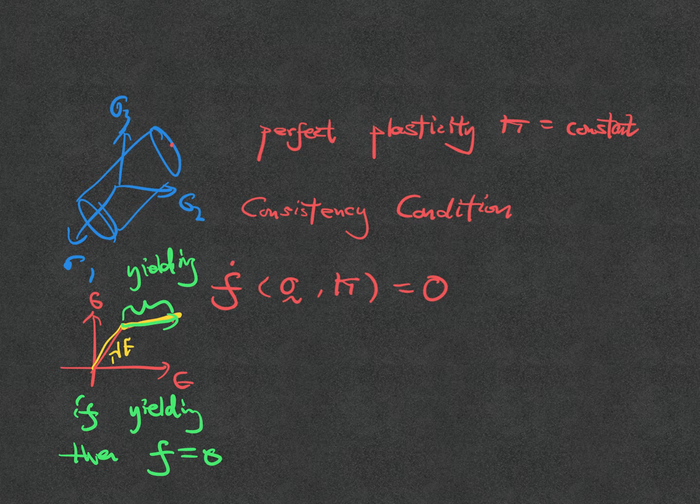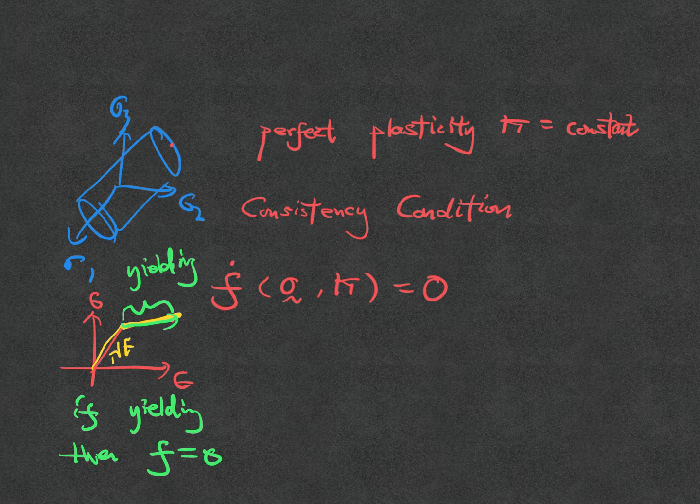So it doesn't make sense unless you have some non-convex yield surface, but in general, we won't consider that. So the consistency condition is basically saying that if I write the plasticity model correctly, during the loading cycle, f would remain 0 for the given stress that I'm loading the material.